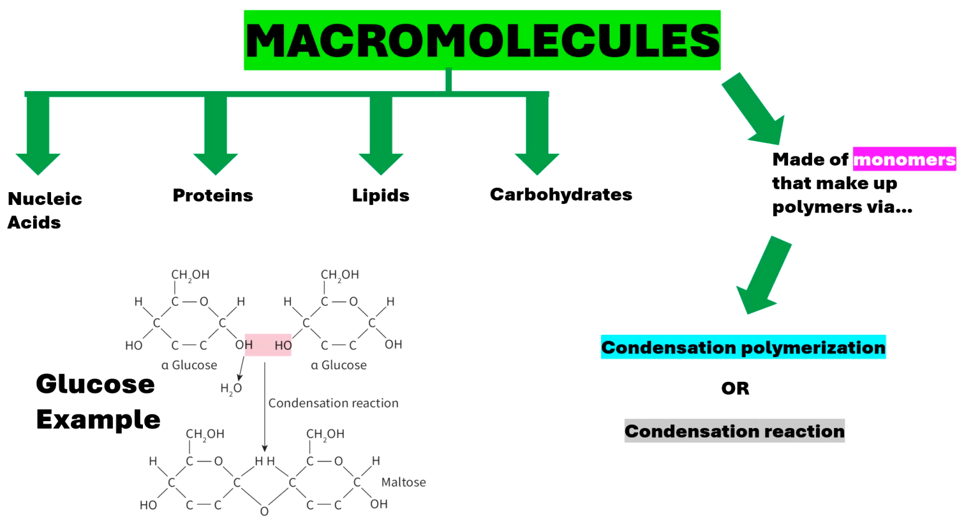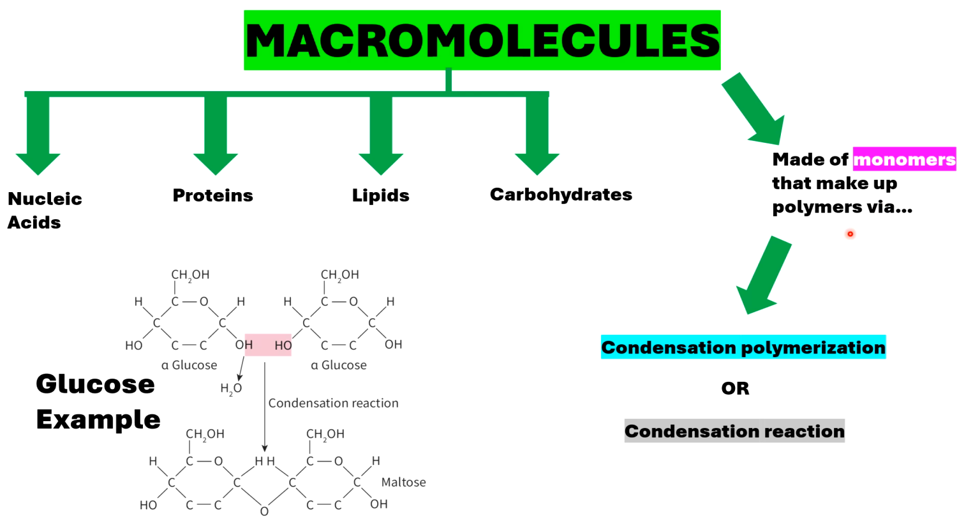Moving on to macromolecules, we'll see that there are 4 main types: nucleic acids, proteins, lipids, and carbohydrates. If we're looking at nutrition, we're only going to focus on these 3. If you do sports science, you'll know that. Now, these macromolecules are going to be made of monomers. I've spoken about these before, because these make up the polymers.